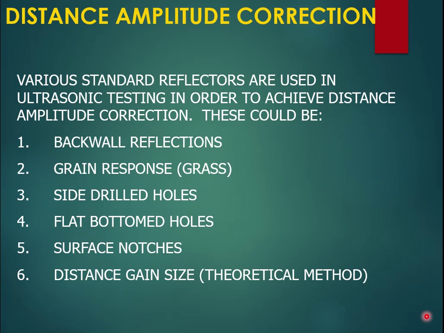Similarly, if the discontinuity size is less, the reflections are less, and so the amplitude is also less. So basically, we consider the defect size based on the amplitudes. It may be correct, but it's not correct in all cases.